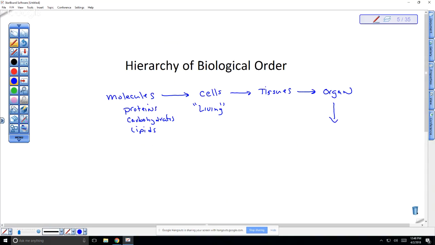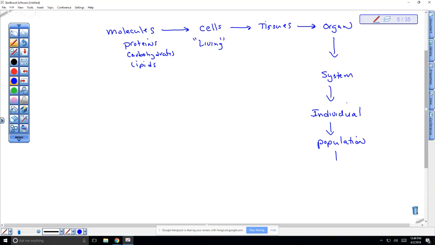Then we have system. Then we have individual. Population, community, and ecosystem.